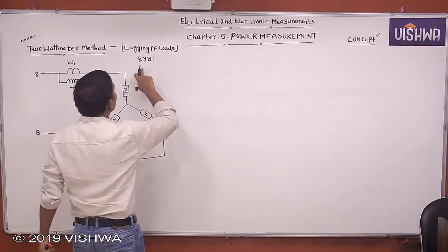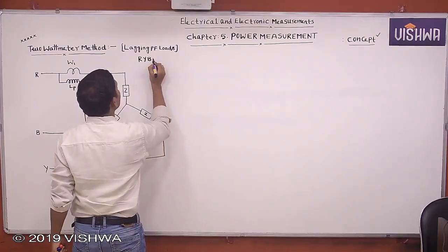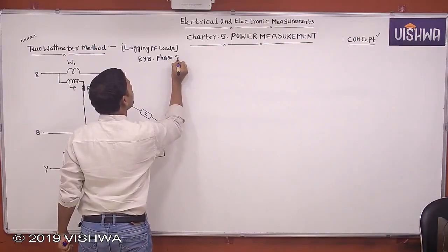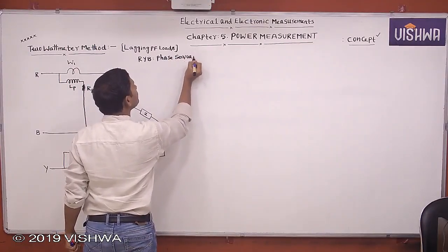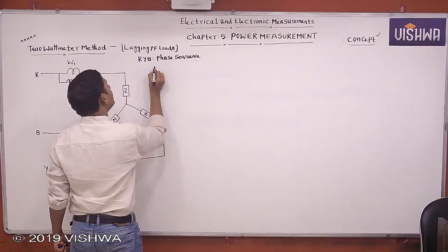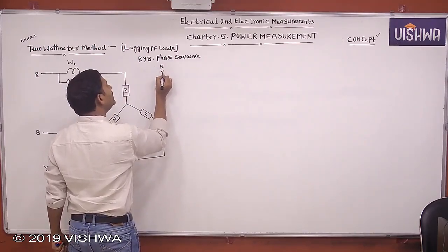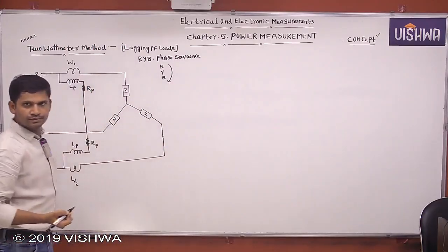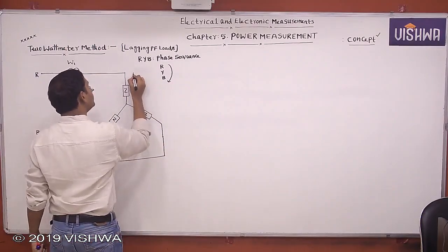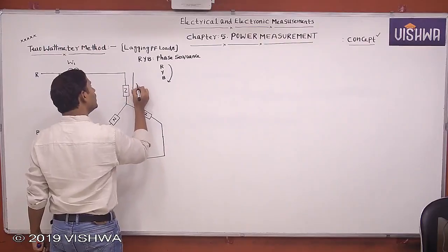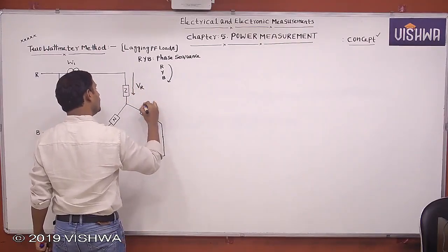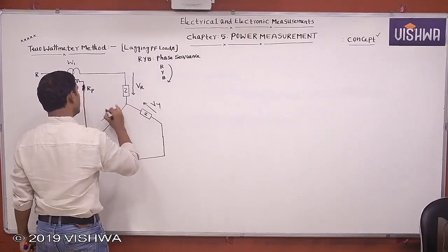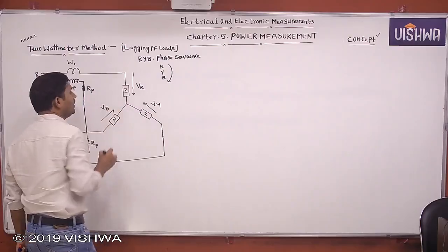Then lagging power factor loads with the assumption of RYB phase sequence. Always you know that in three phase the phase sequence is taken in clockwise. Let this be VR, this is VY, and this one is VB.